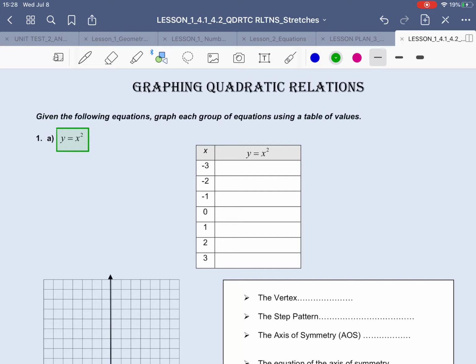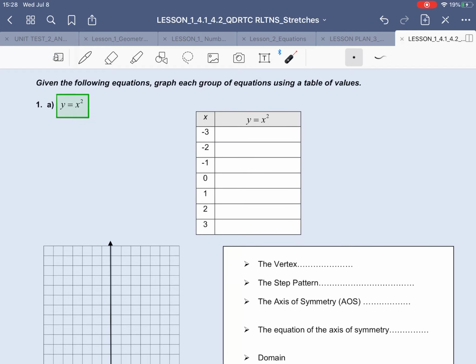If you remember from grade 9, when you graphed the line for the first time, you built a table of values: you gave x some values, and you found the corresponding values of y, and you graphed it. That's how we graph any new relation that we learn, and you are going to explore a lot in high school. So we are giving x some negative values, some positive values, and 0. And we will find what the values of y are.